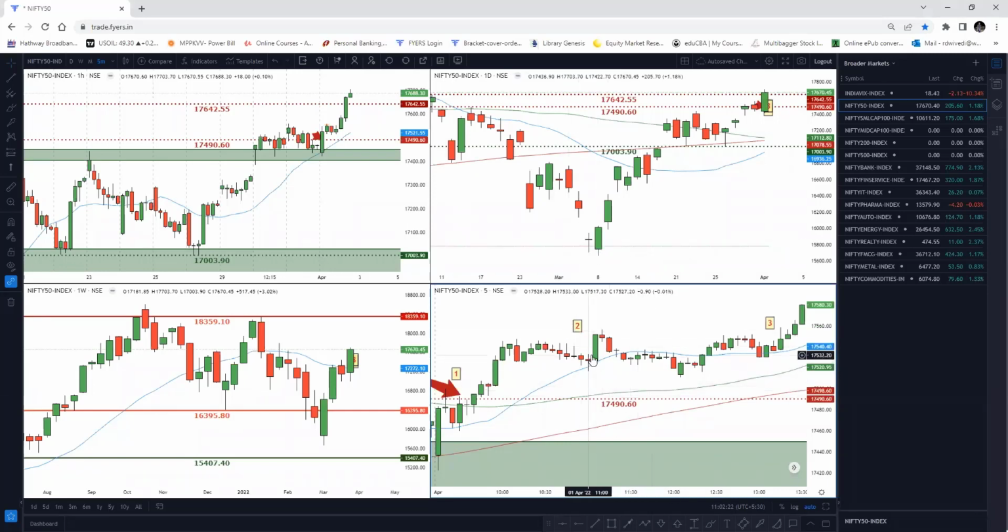Okay, so this bullish bar has formed around 11.5, right? And this is the bar at 11.